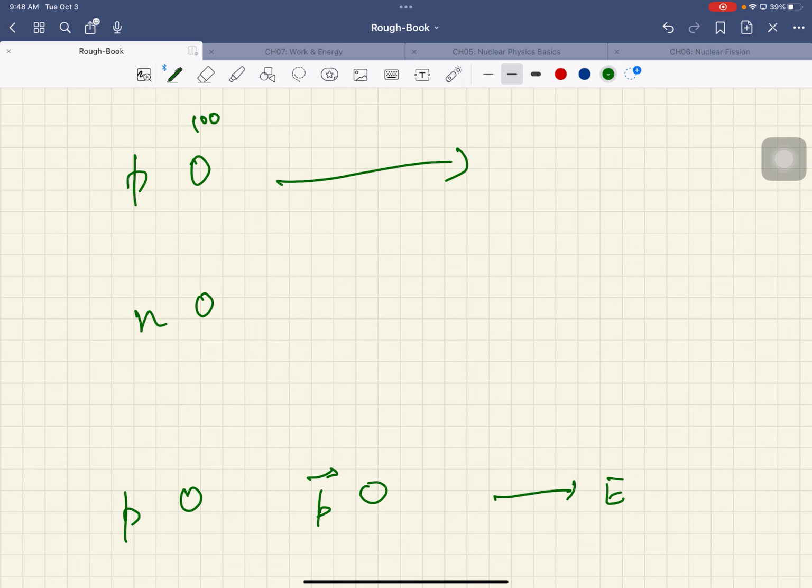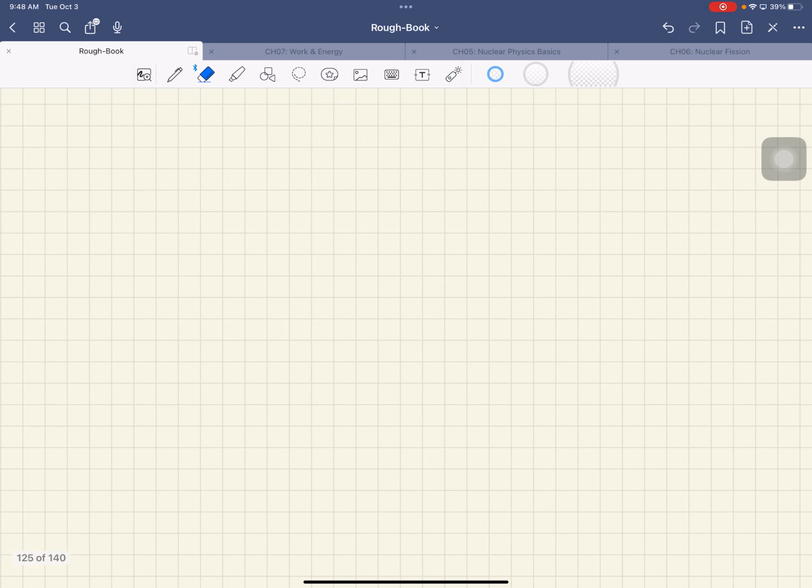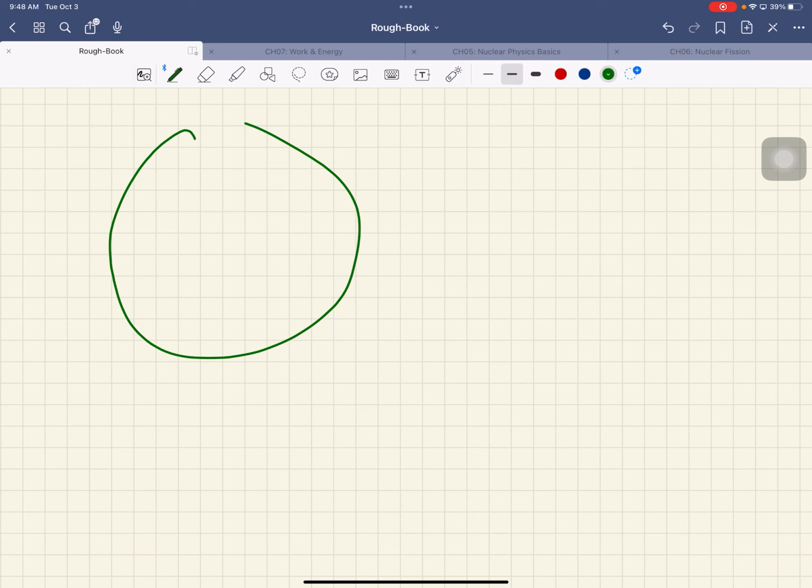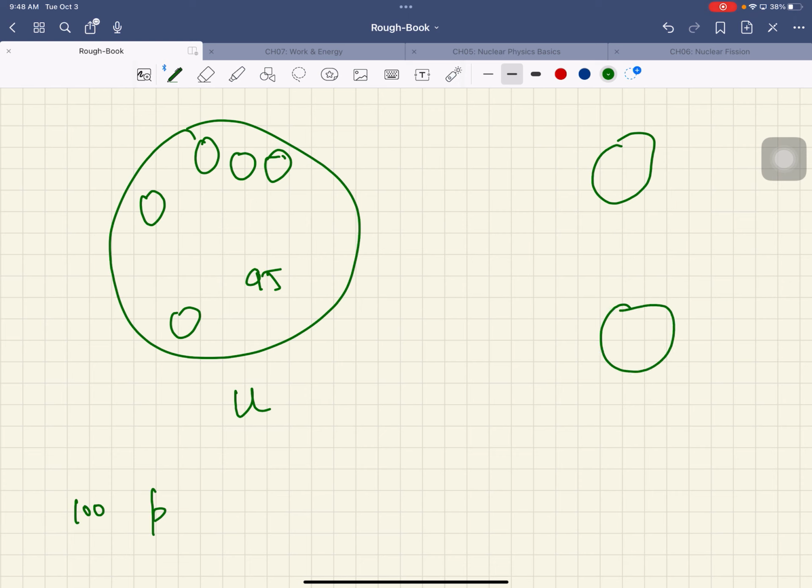So the best we can do is, here's a proton. A free proton is 100 units. In uranium, the proton weighs 95 units. Again, I'm making this number up. But in this smaller nucleus, the proton weighs 92 units.